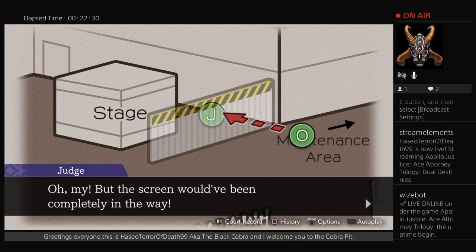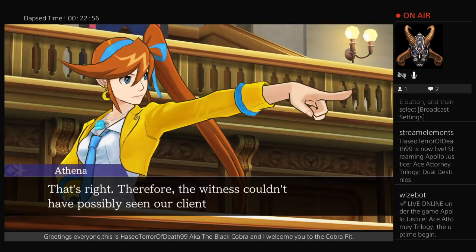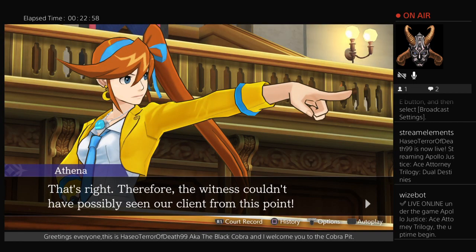There you go. The screen would have been completely in the way. The only way he could have seen that was if he had actually jumped over the fence. Which is exactly what I'm thinking he did. That's right. Therefore, the witness couldn't have possibly seen our client from this point.